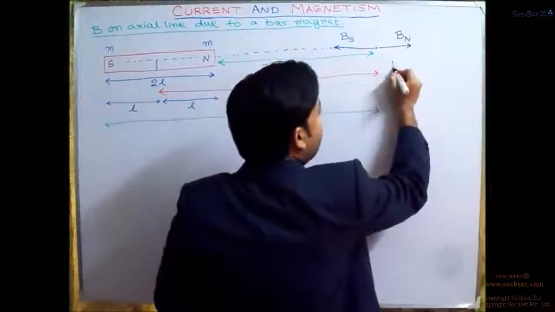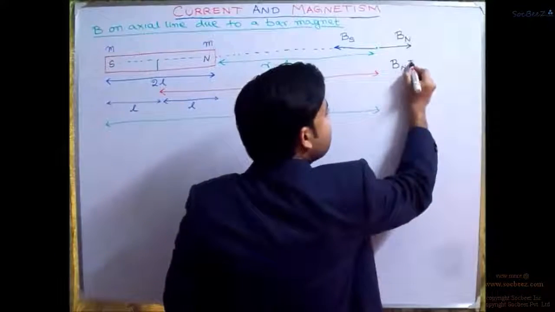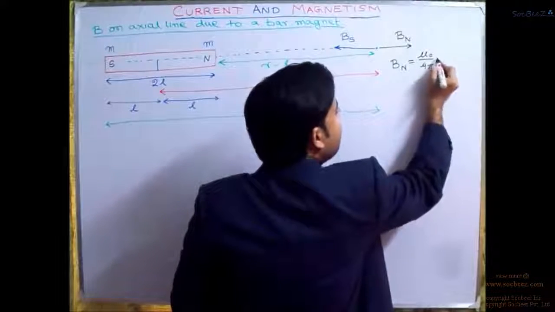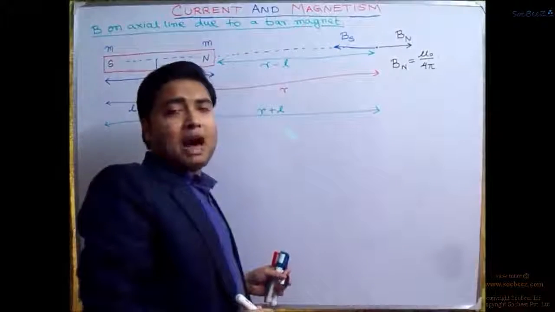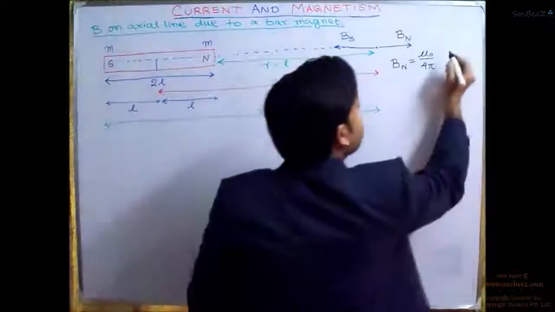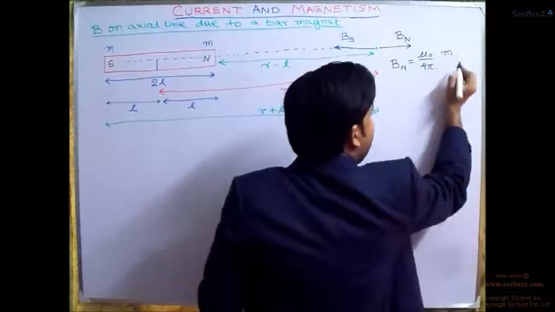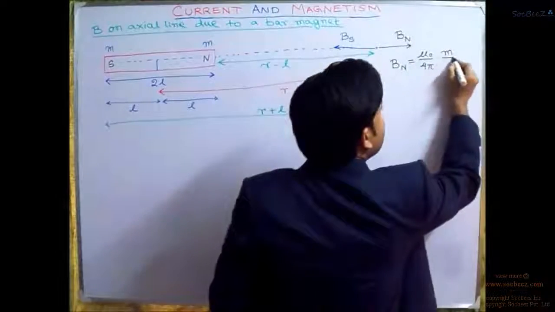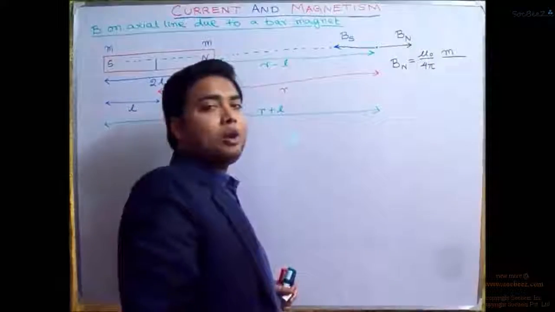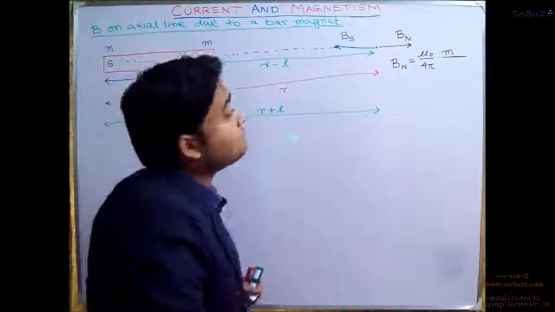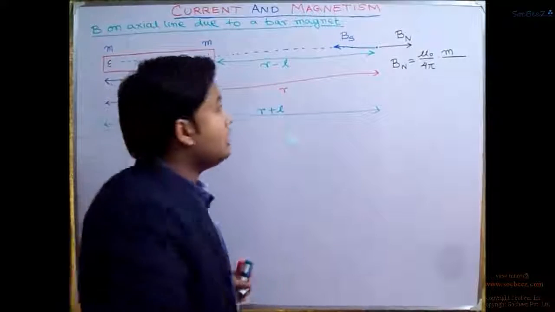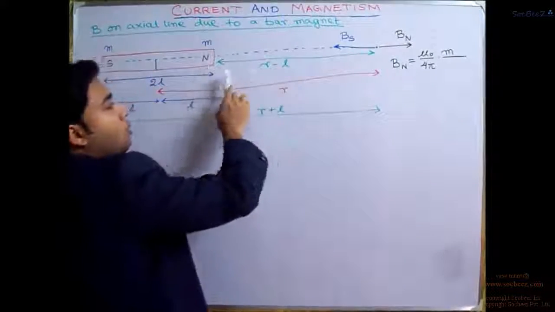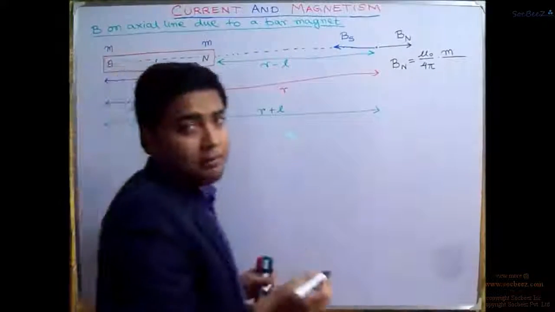So the value of Bn will simply be equal to mu naught divided by 4 pi multiplied by m, right, divided by, now what is the distance of separation between them? The distance of separation between this point and the North Pole is equal to R minus L.